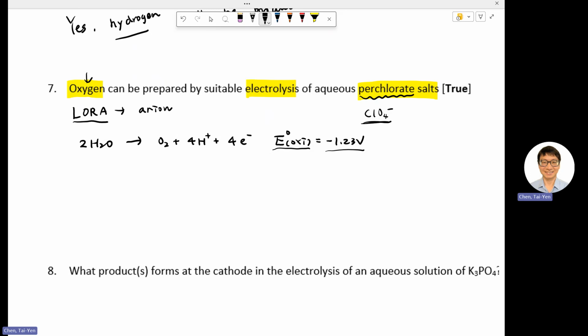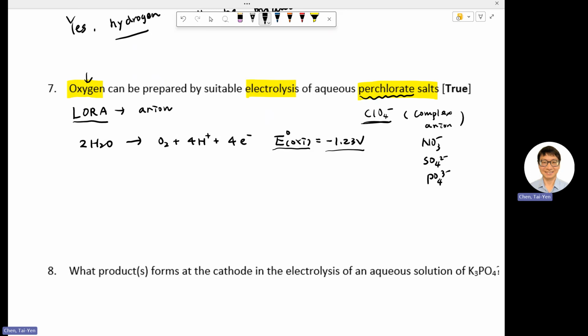If you check out the reduction potentials, you probably won't be able to find this species on the product side of your table. Previously we talked about the so-called complex anions, for example NO3 minus, SO4 2 minus, PO4 3 minus.